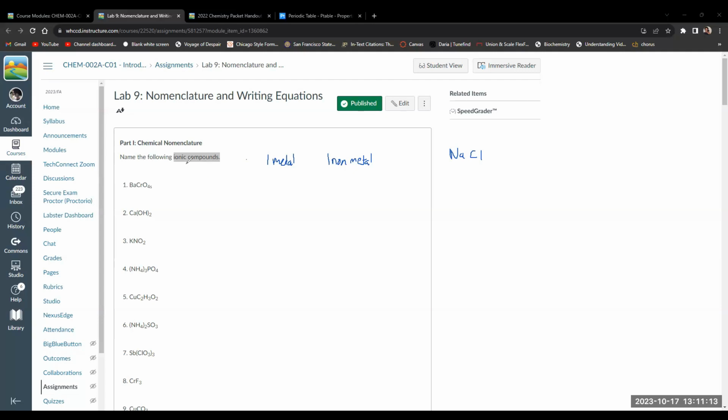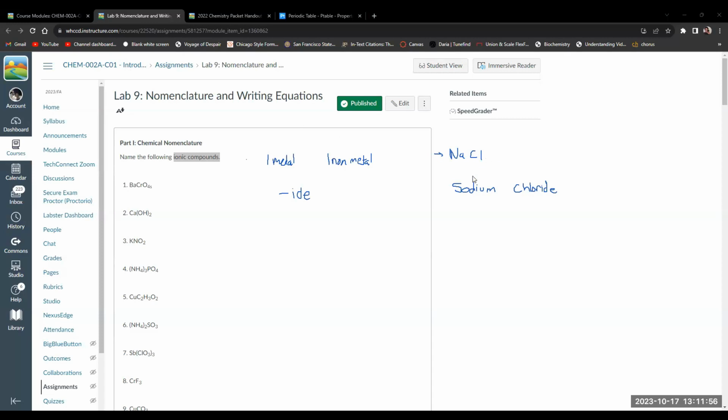So one of the rules for naming ionic compounds is that the compound, when naming it, is going to end in IDE. Let's take our common salt here and give it a name, sodium chloride.